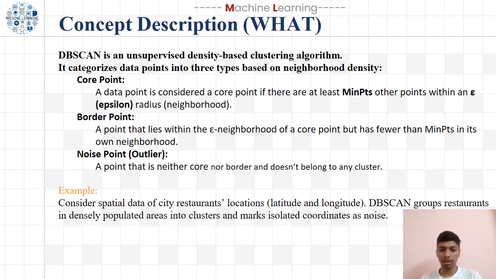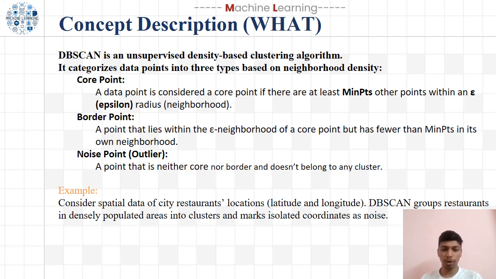In the first category, core point: a data point is considered a core point if there are at least minPts other points within an epsilon radius.